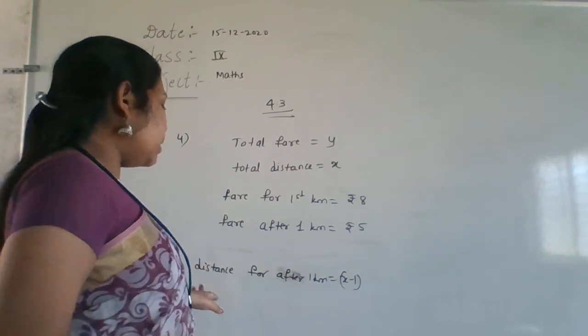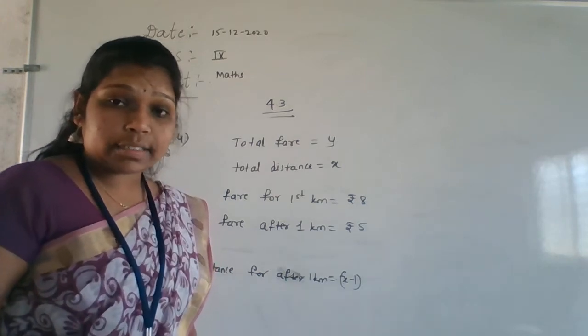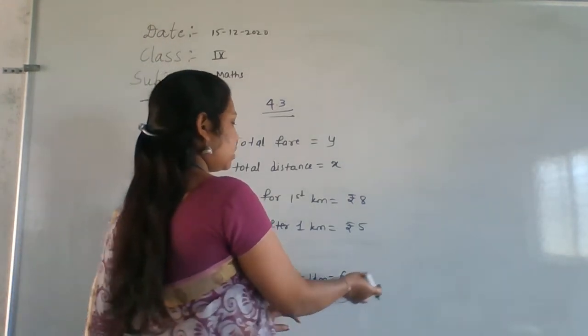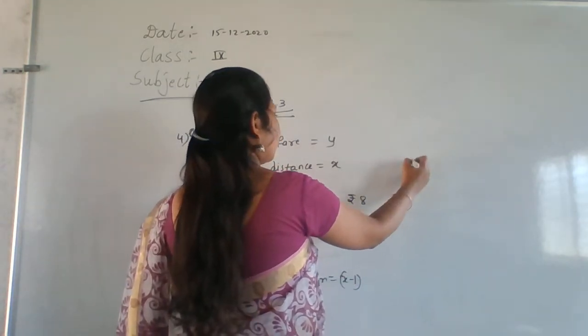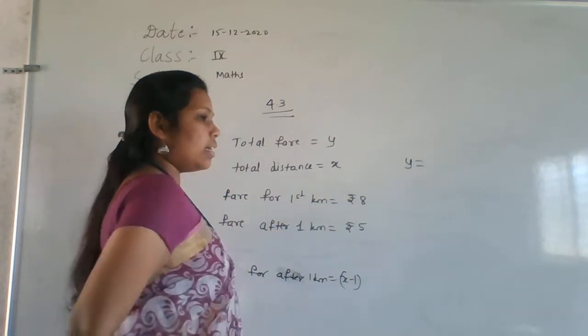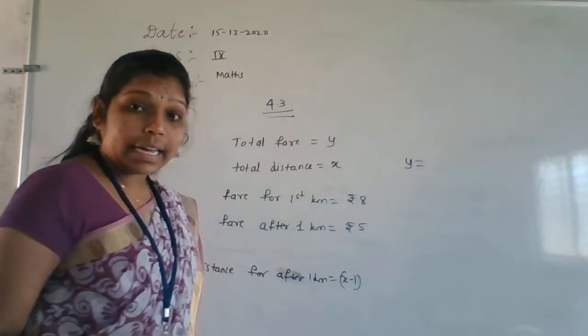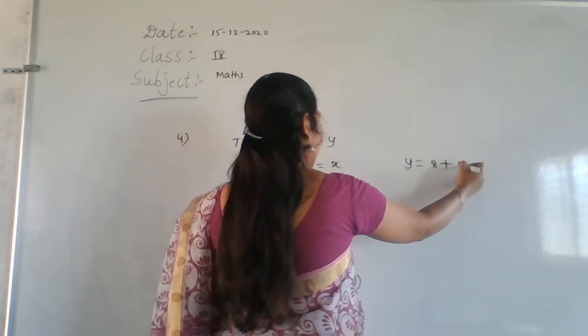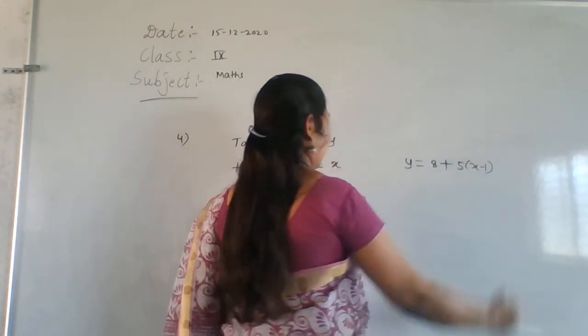So the total fare y is equal to, for the first kilometer only 8 rupees, so 8 plus 5 into x minus 1.